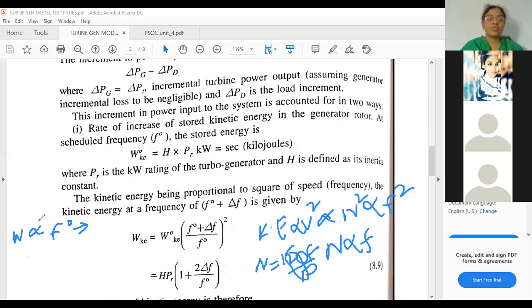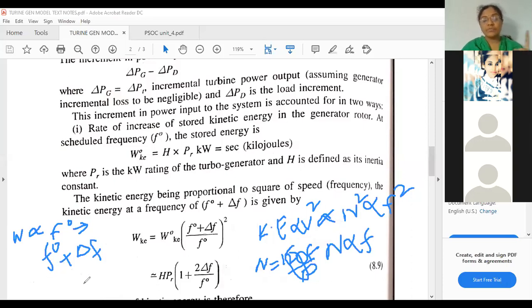So here, let us say the frequency is increased from the starting frequency, with respect to the change in frequency. Whatever the change in frequency is there, that is increased. Then the kinetic energy in the generator is also changed. So as the frequency changes, the kinetic energy should also change.